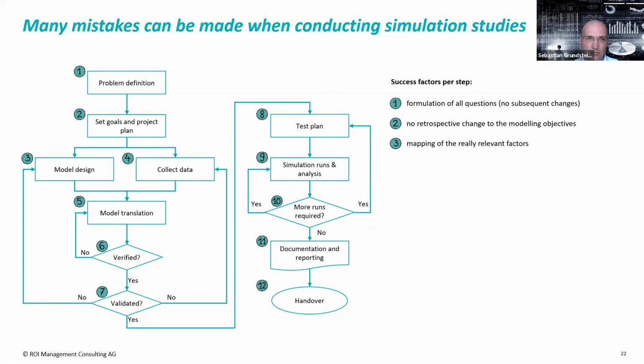And you can save a lot of money and time if you map only the really relevant factors. This is a matter of process expertise, consulting expertise, and experience to get a feeling for that. Because in many projects, the model is too complex for the question, and you have too much effort because you didn't spend enough time on the model design and asking what is really relevant to simulate.